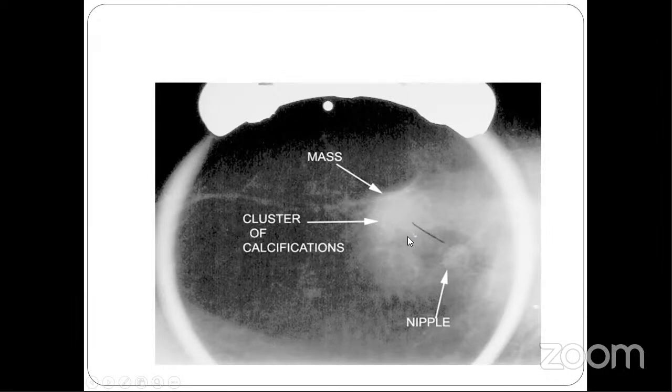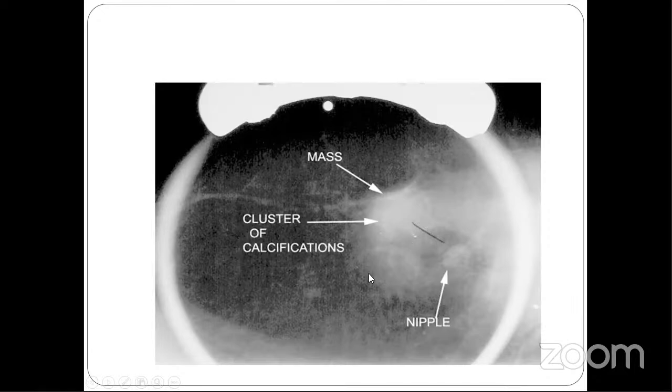This calcification, as we can see here, is small, irregular, okay, may be branching calcification and heterogeneous in size and shape. We said you can ask for magnification. Magnification helps identify the calcification, as it may be small and misdiagnosed.